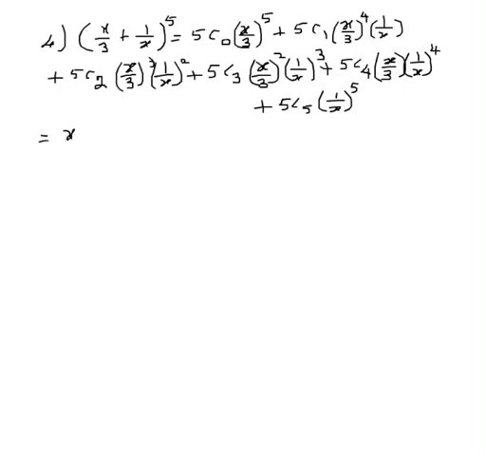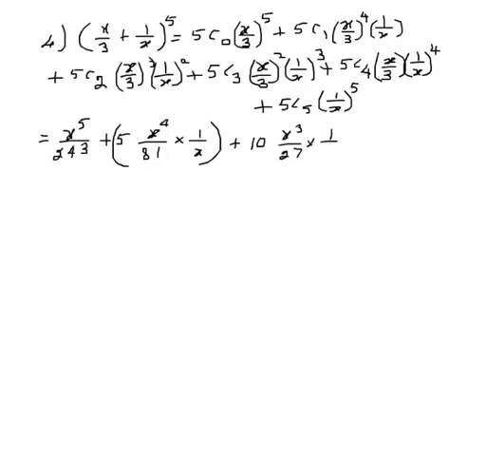5c0 is 1. We get x raised to 5 divided by 3 raised to 5 is 243. 5c1 is 5, x raised to 4 over 81 times 1 over x, plus 5c2 is 10. X cube over 27 times 1 over x square, plus 5c3 is also 10.